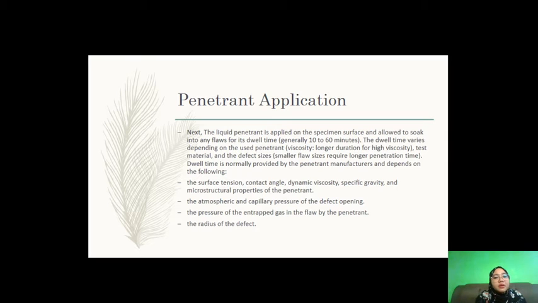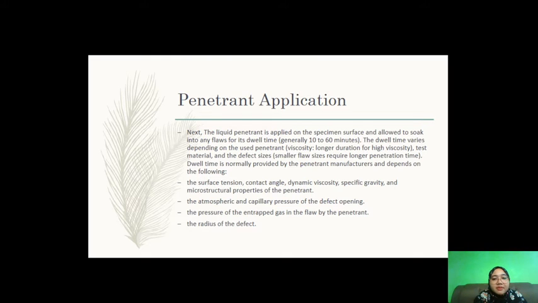Okay, we start with penetrant application. Next, the liquid penetrant is applied on the specimen surface and allowed to soak into the flaw for a dwell time generally 10 to 60 minutes. The dwell time varies depending on the penetrant viscosity, longer duration for high viscosity, the test material and the defect size.